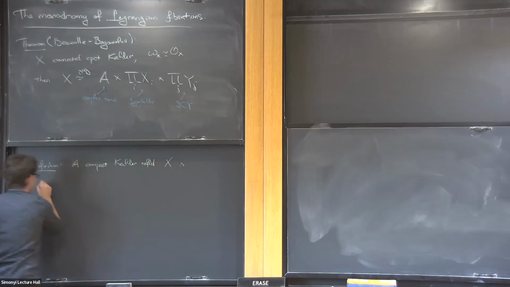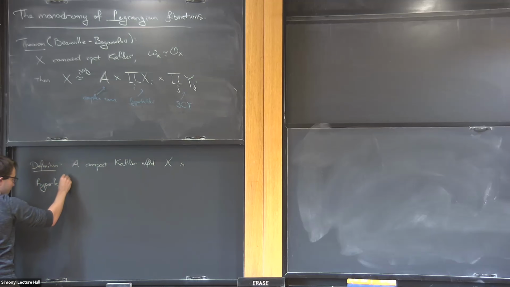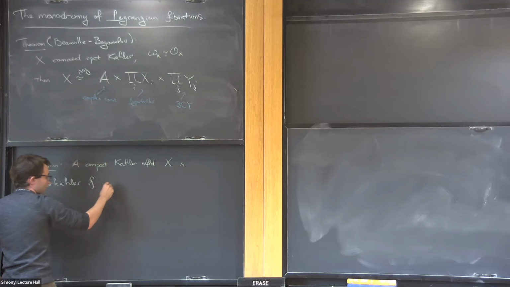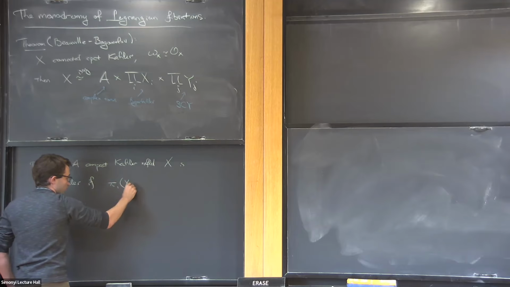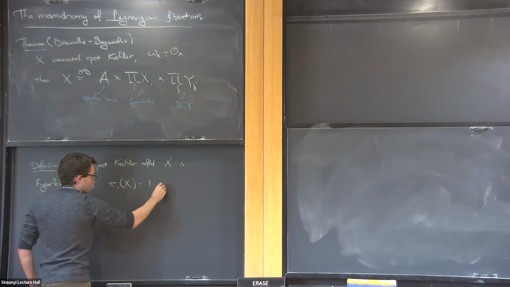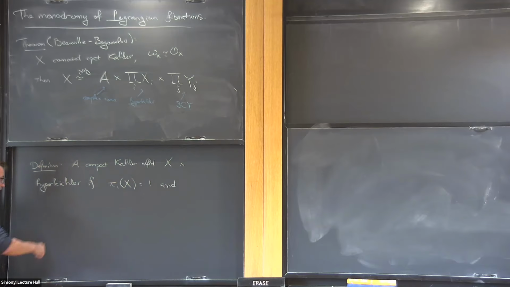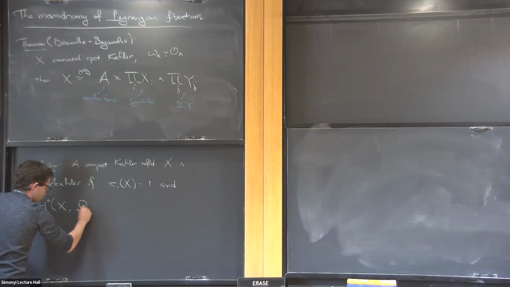X is hyperkähler if it's simply connected, so no torus factors as up there, and crucially, it has a unique holomorphic symplectic form, which I'm going to write in the following way using sheaf cohomology.